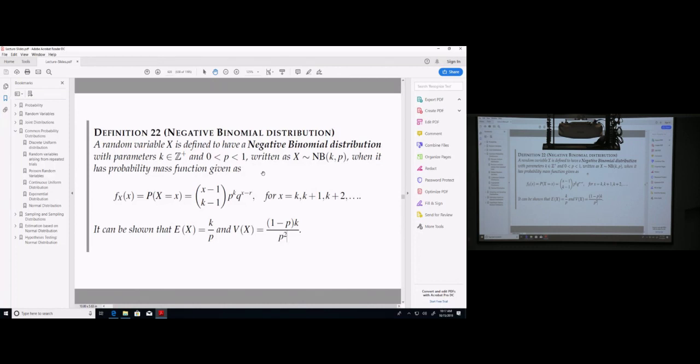Oh yeah, there is a typo here, right? So it should be x minus k. Yeah, thank you. So there is a typo here. This should be x minus k. Thank you.